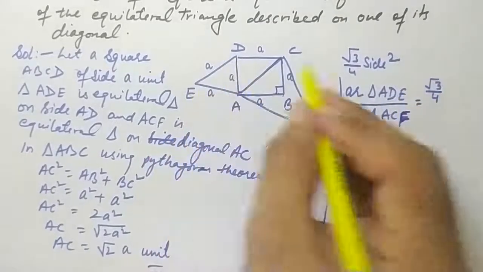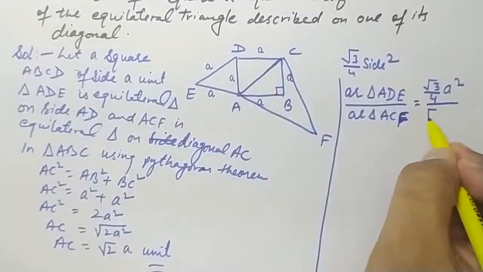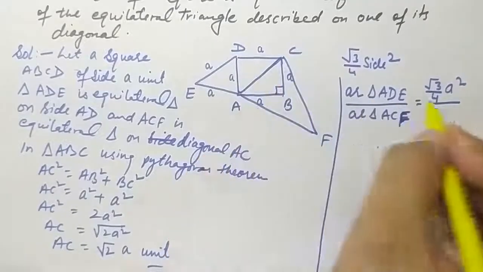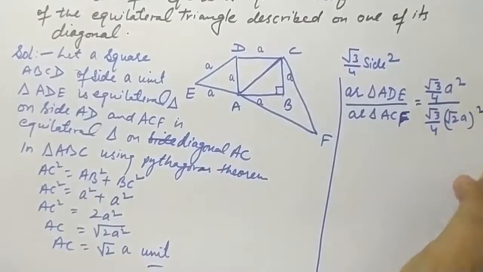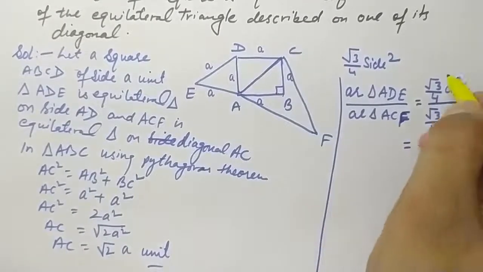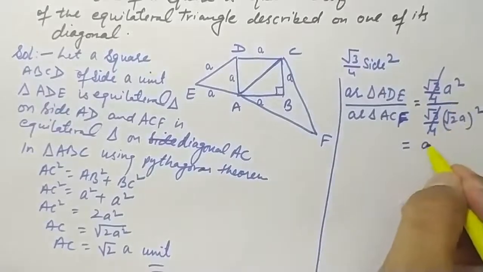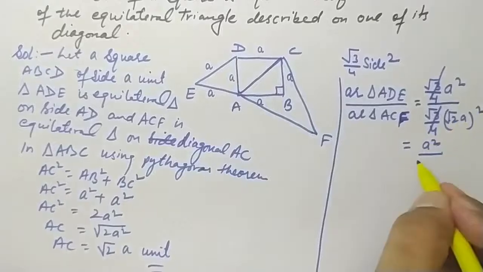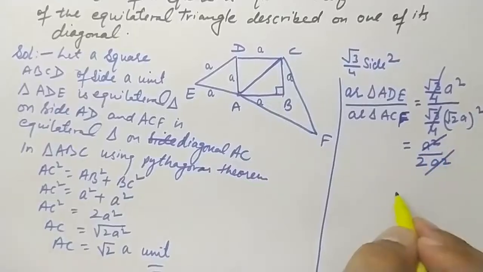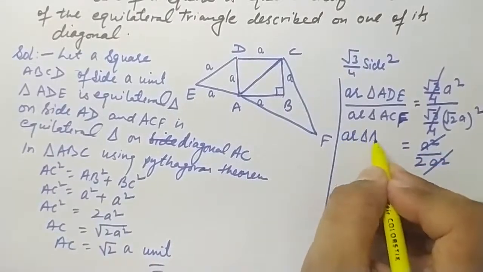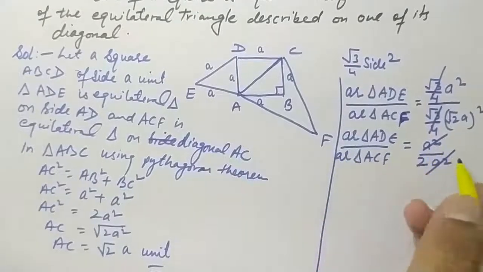In this triangle side square is A square only, and in ACF it is root 3 by 4 side square, where the side is root 2 A. So root 2 A whole square will come. Root 3 by 4 will be cancelled. Opening this, it becomes A square over root 2 square, which is 2, and A square over A square cancels. So we have area of triangle ADE over area of triangle ACF equal to 1 by 2.